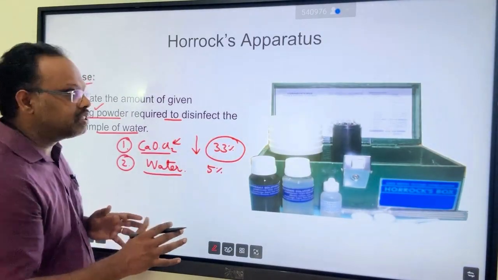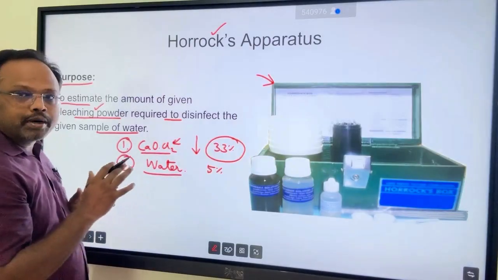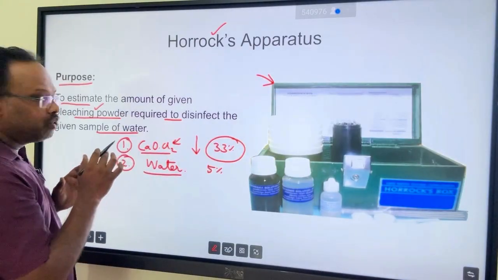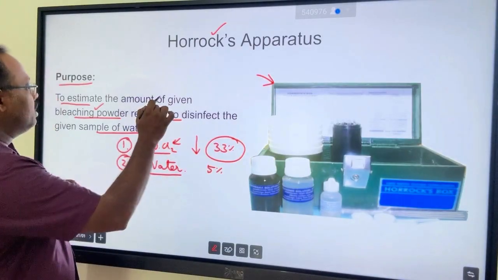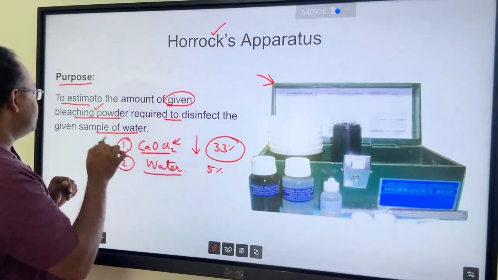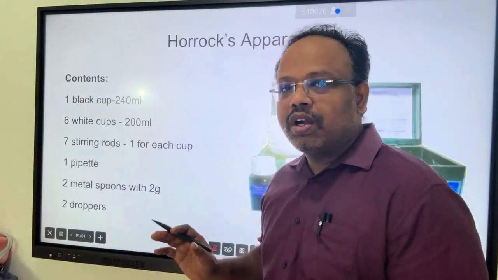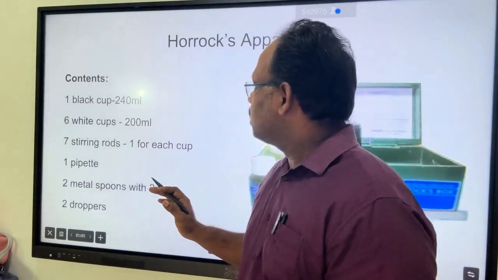So we use this Horax apparatus, and this is the Horax apparatus. Its purpose is to estimate the amount of given sample of bleaching powder required to disinfect the given sample of water.